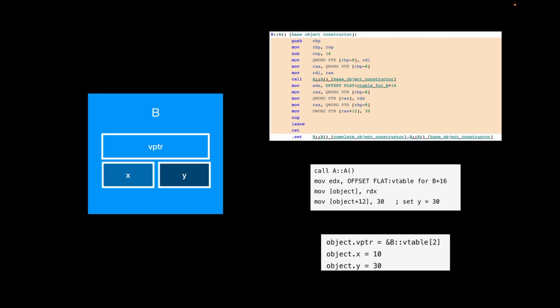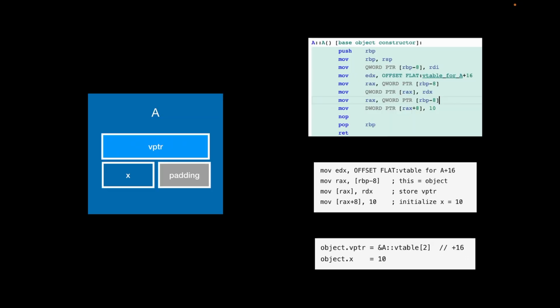If you look into the base object constructor, what you see in the assembly is that after some kind of preamble, there is a call to the A constructor, and then some operations afterwards. Let's go to the call to the A constructor.